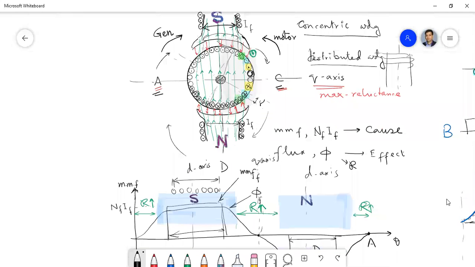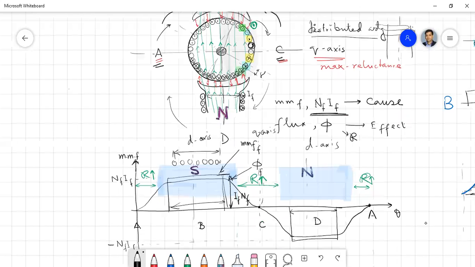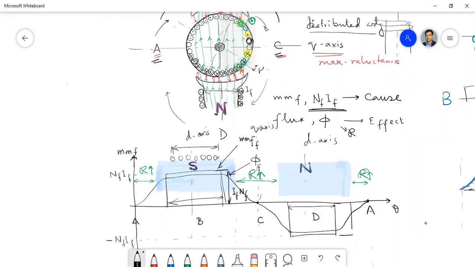And that you can get from the number of turns in the field winding that I already showed in the last class. So this is NF into IF. That will be the height of this MMF. So this MMF height will be NFIF. The opposite side you will also get the same, because there also you have the same current flowing and the same number of turns.